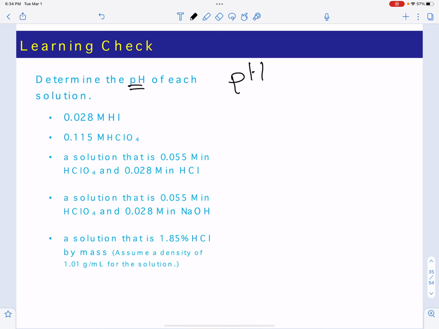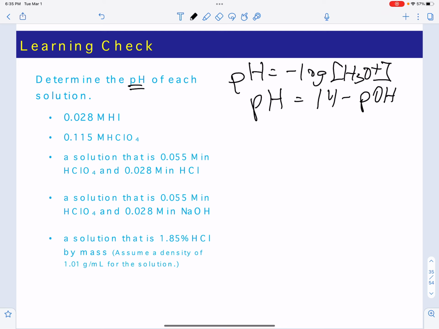So we know that pH is going to be minus log of the hydronium concentration, or pH equals 14 minus pOH. So those are the two formulas we can use. And the first one we get is what would be the pH for a solution that has this concentration.